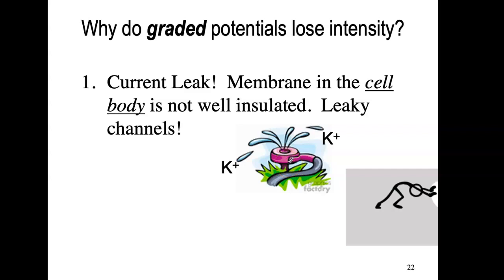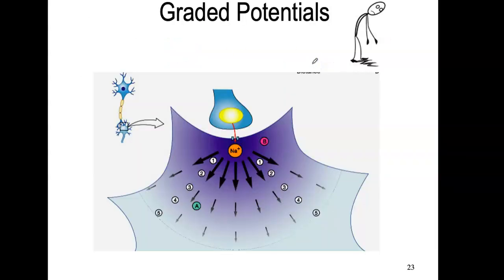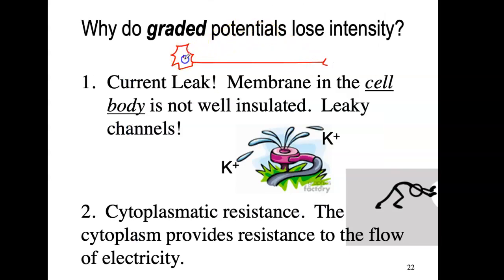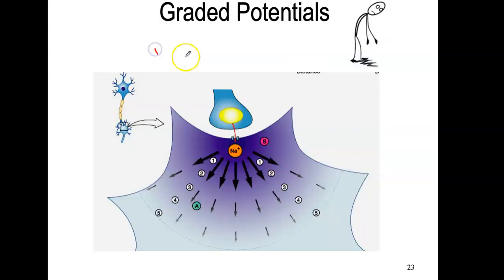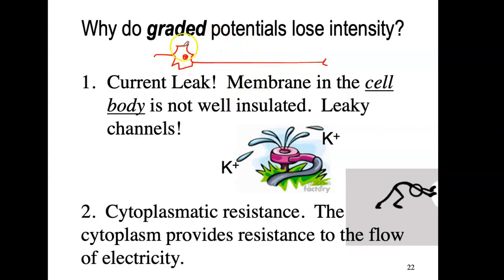Well, what happens is that there's a current leak. The membrane in the cell body isn't well insulated, and so you could have leaky channels. So now we're talking still about my axon. Incoming signals are coming in through the dendrites, and they still have to come into the cell body before going all the way down the axon.